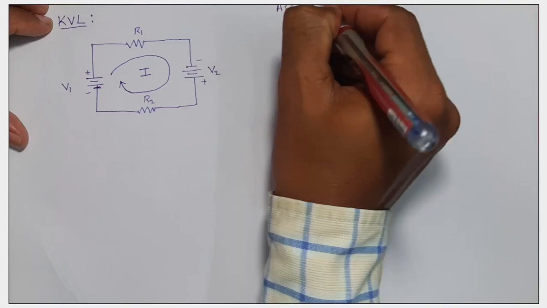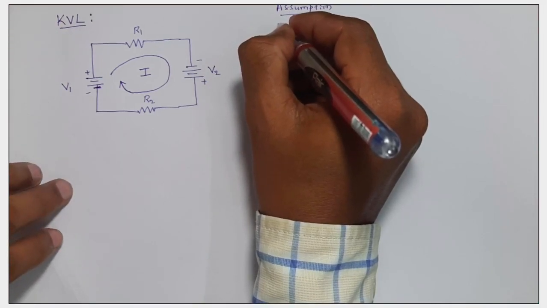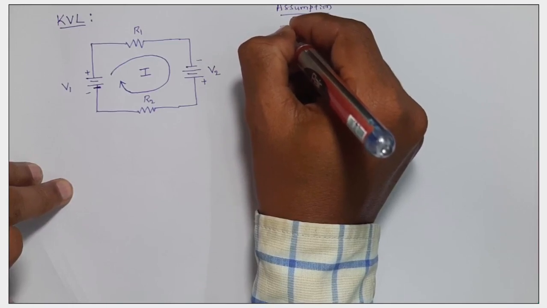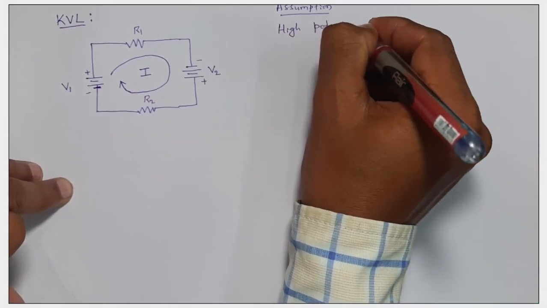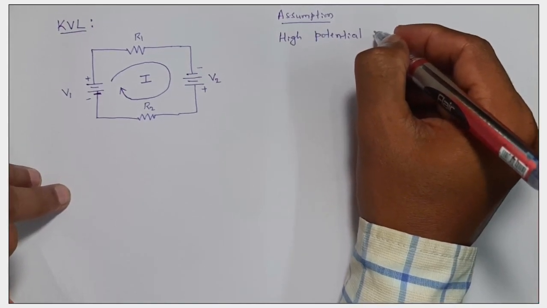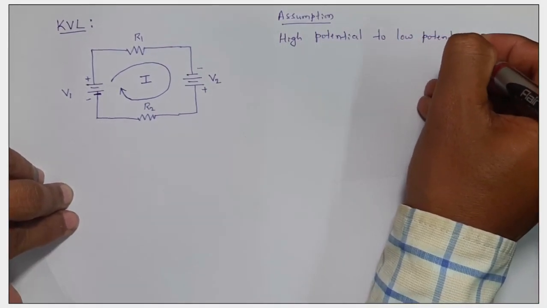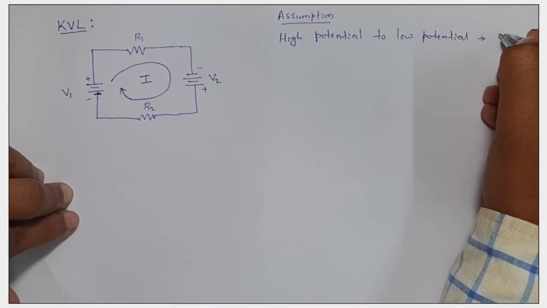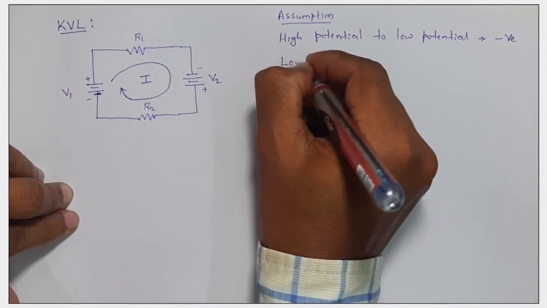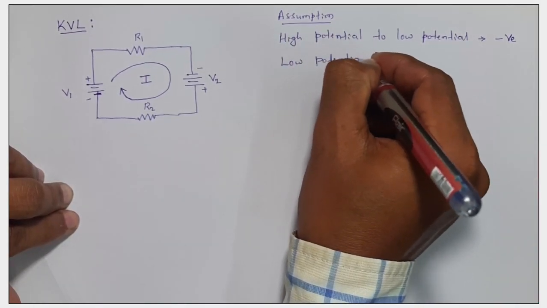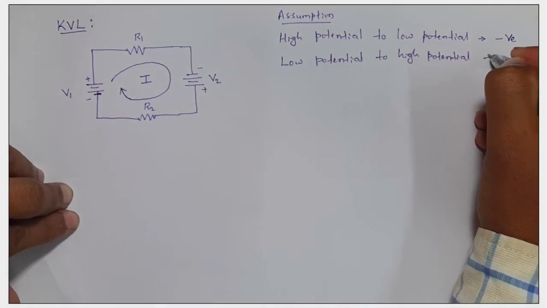The assumption that I make is: if I am traversing from high potential to low potential, I will assume a negative sign, and if I am traversing a loop from low potential to high potential, I will assume a positive sign.